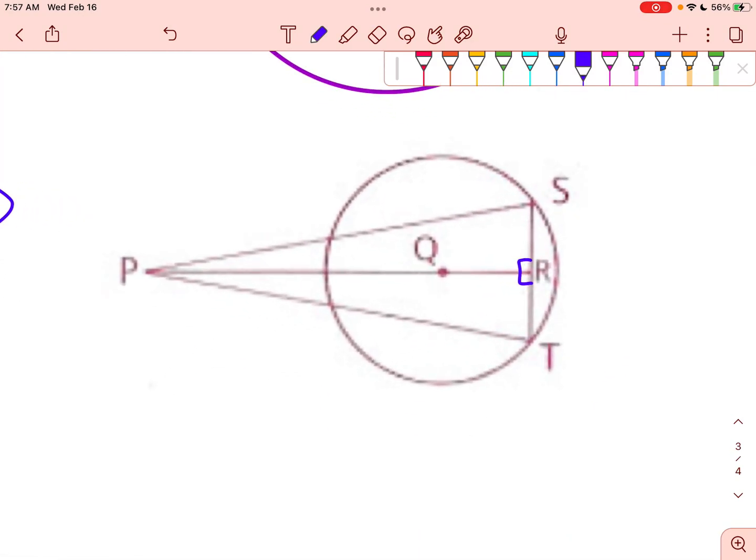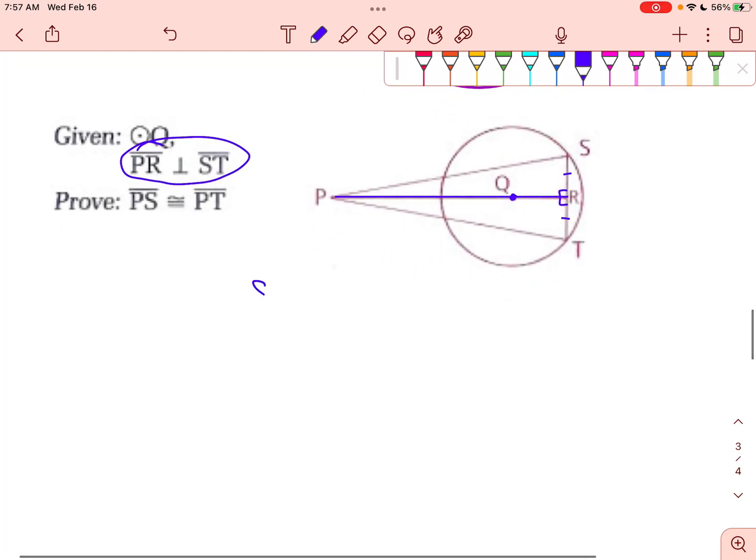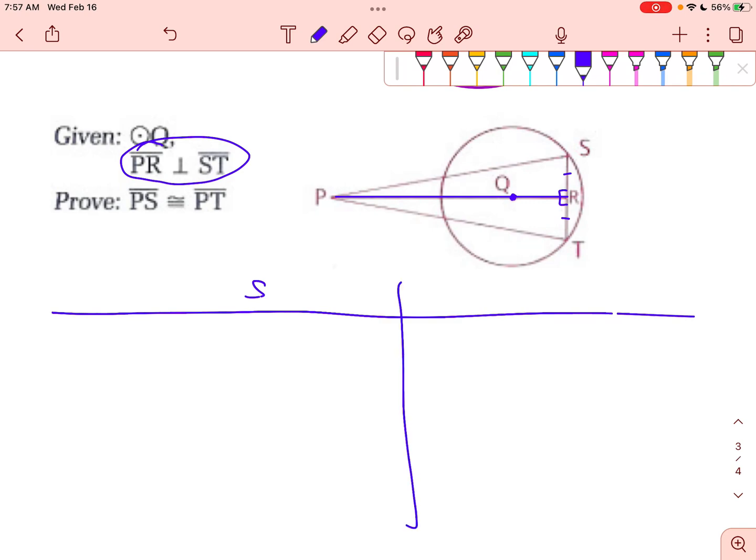Notice that it goes through the center of the circle. Because this goes through the center of the circle, it's technically considered a radius. And so if it's perpendicular, then it bisects the chord. So I'm going to mark that up immediately. Let's start writing our proof. We have circle Q. That tells us that Q is the center of the circle. We also have PR is perpendicular to ST, and that is given.